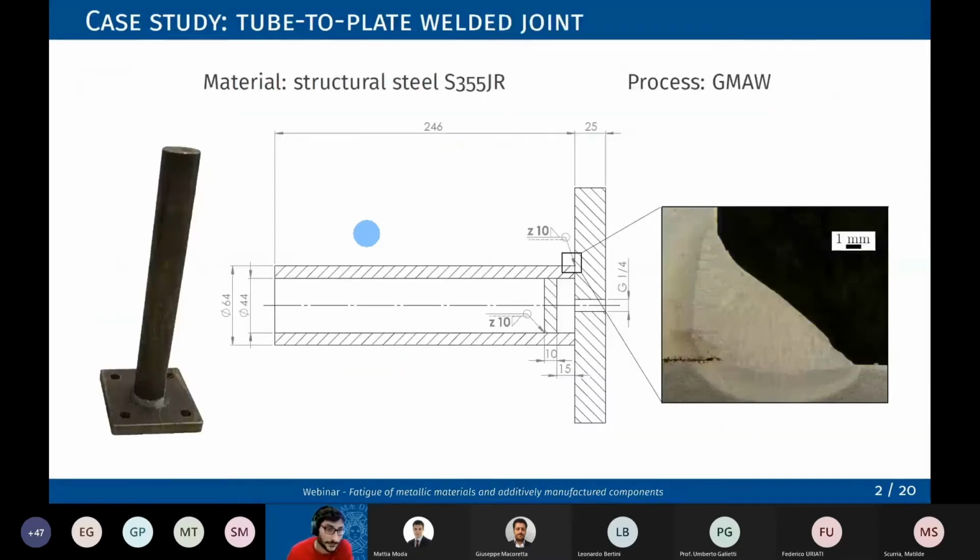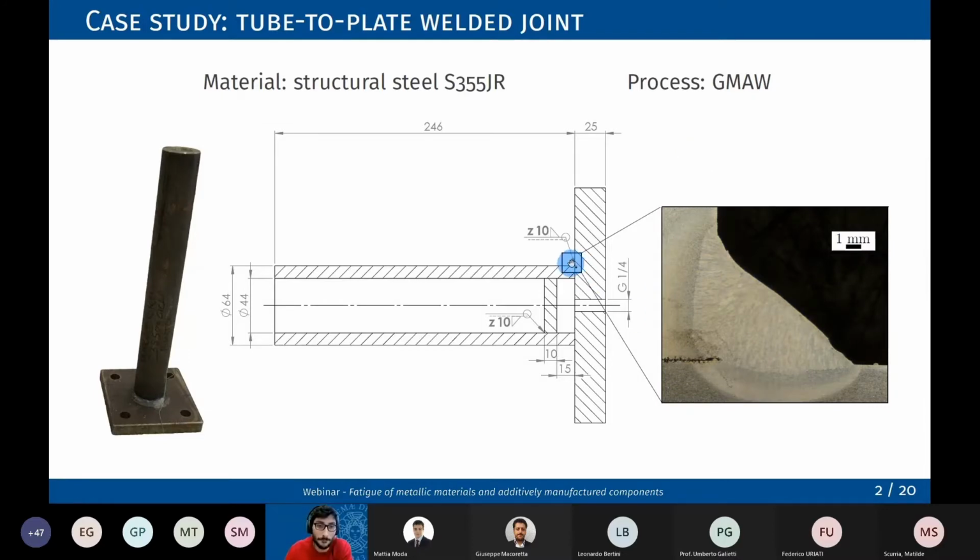The case study is a tube-to-plate welded joint. This is made of a common structural steel, S355JR, and the welding process is gas metal arc welding, generating this welding profile as in the picture, so a not full penetration weld bead.